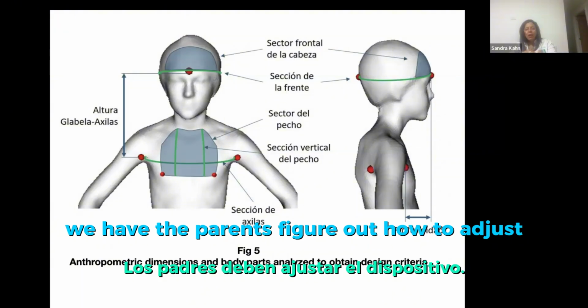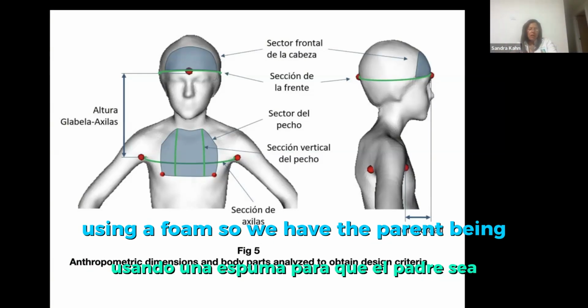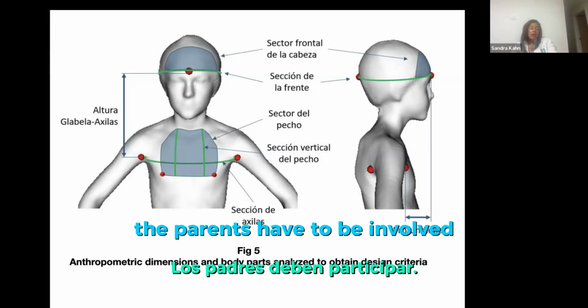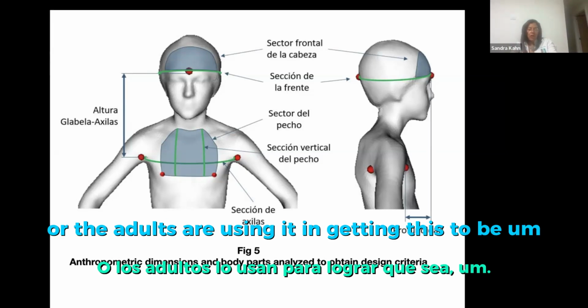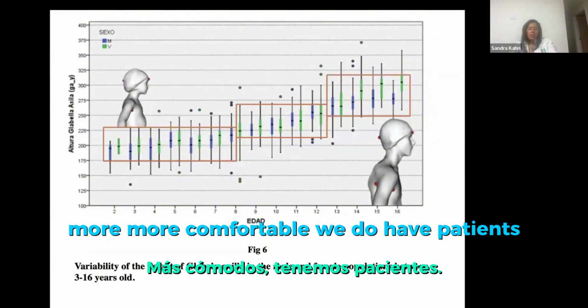And sometimes we have the parents figure out how to adjust the medium or the small size to a younger kid using a cloth, using a foam. So the parents have to be involved, or the adults, in getting this to be more comfortable.